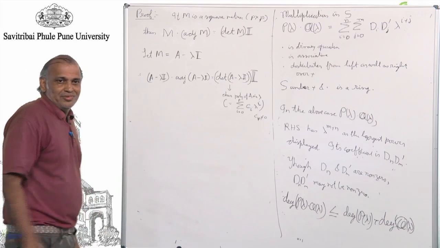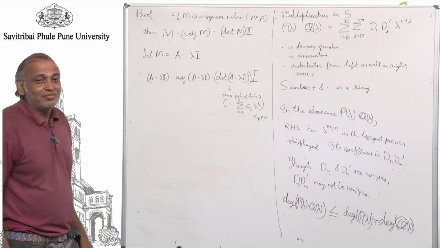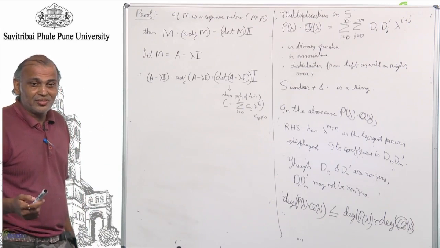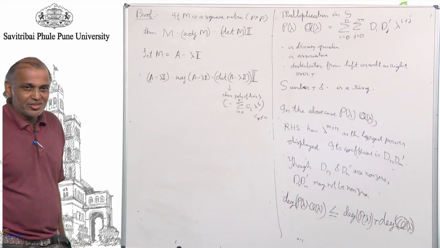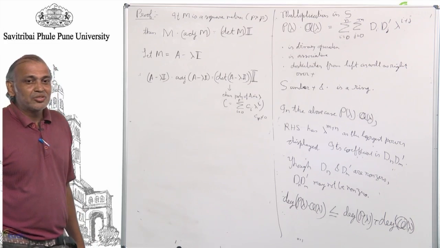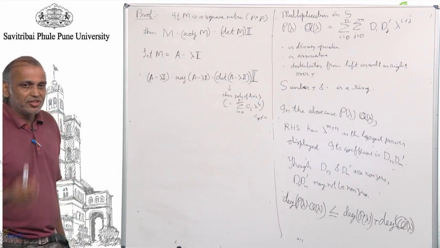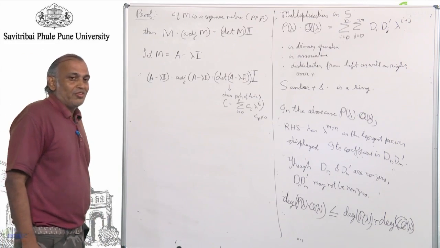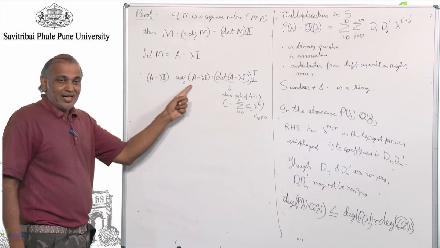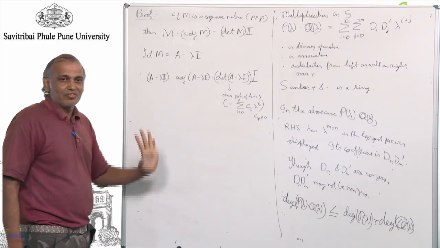So let us invoke the idea that we have had previously. You work with the ring, but just let me call it a set, the set of polynomials in lambda with matrix coefficients, p by p matrix coefficients, along with the null matrix. This is indeed a member of that.